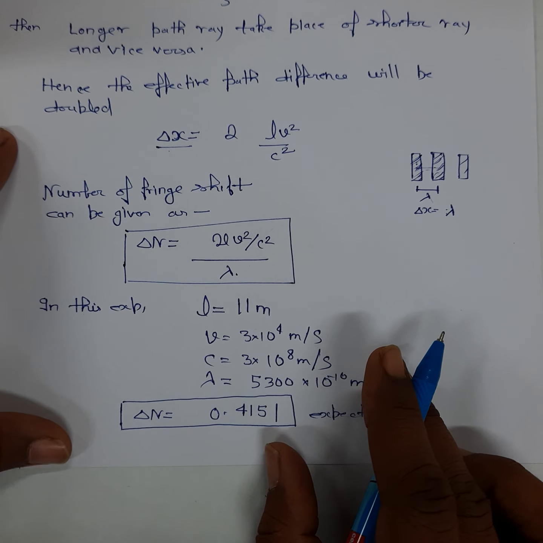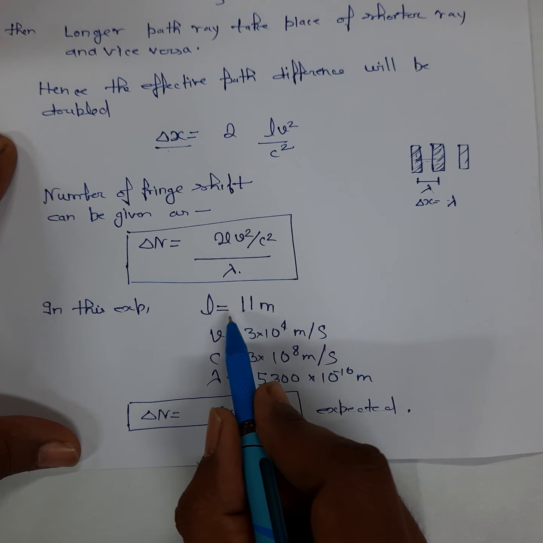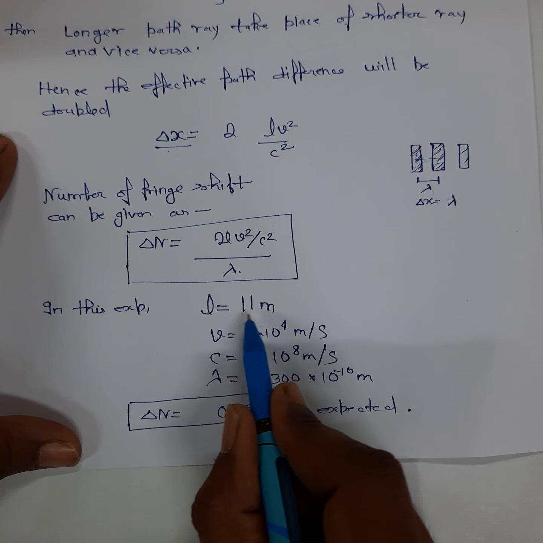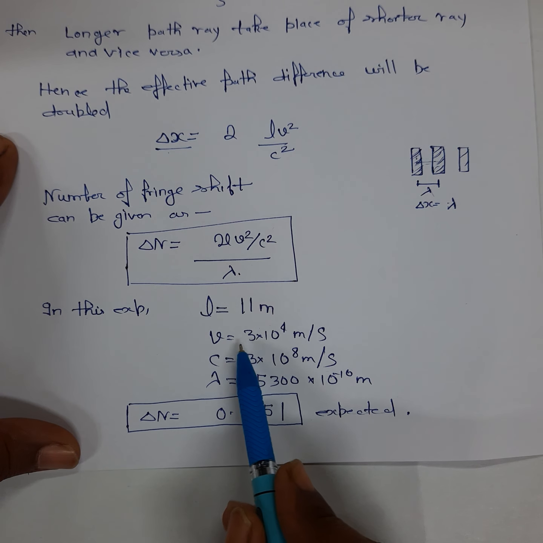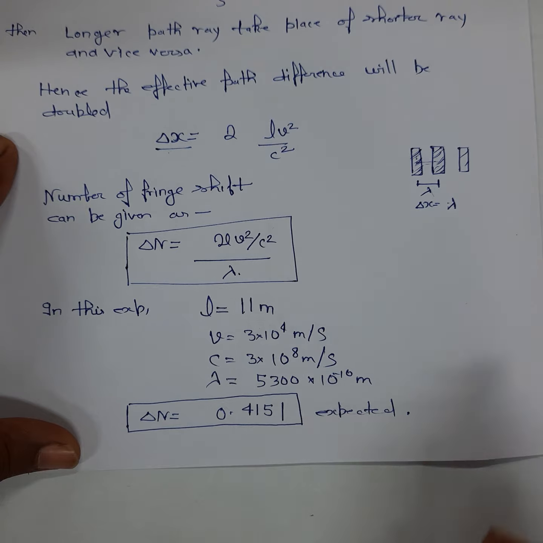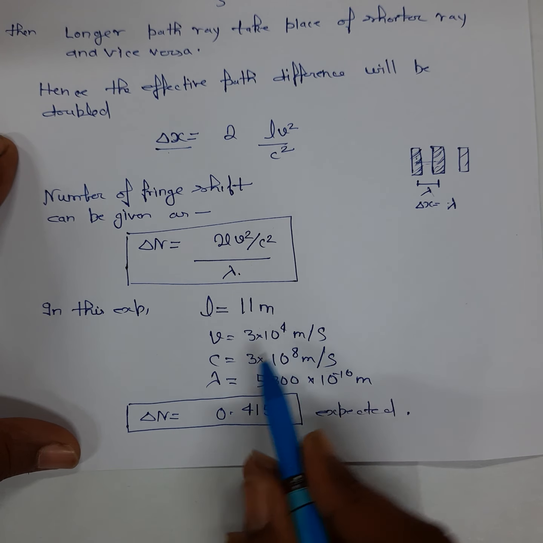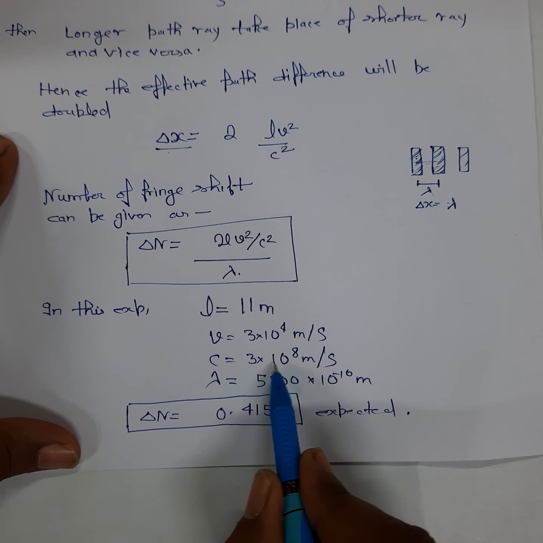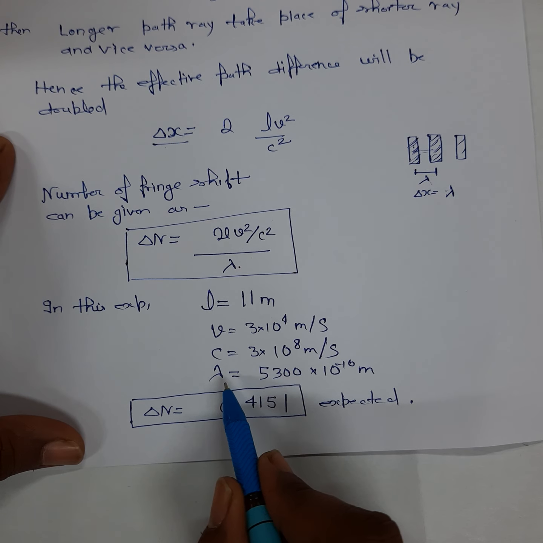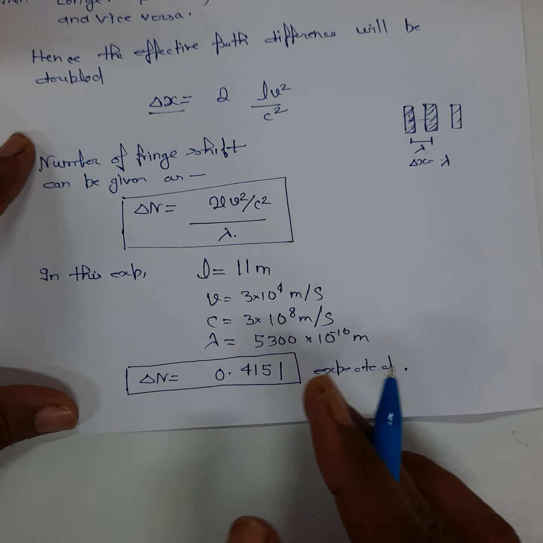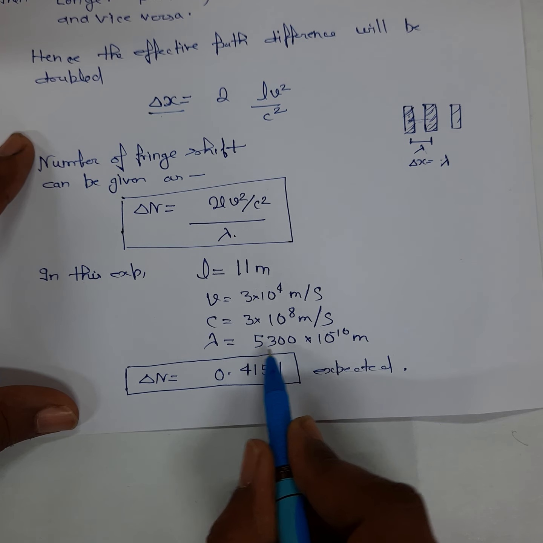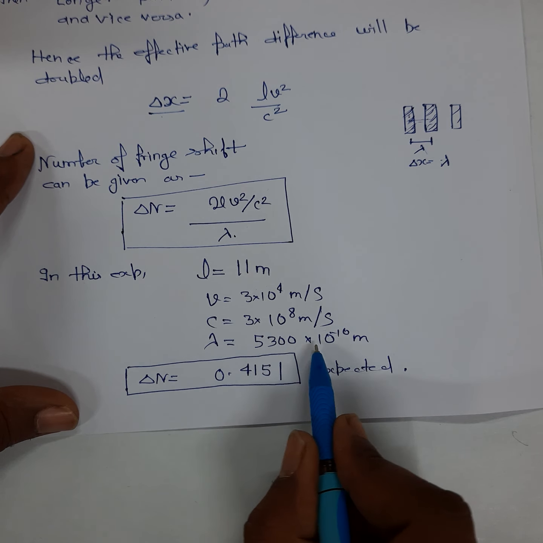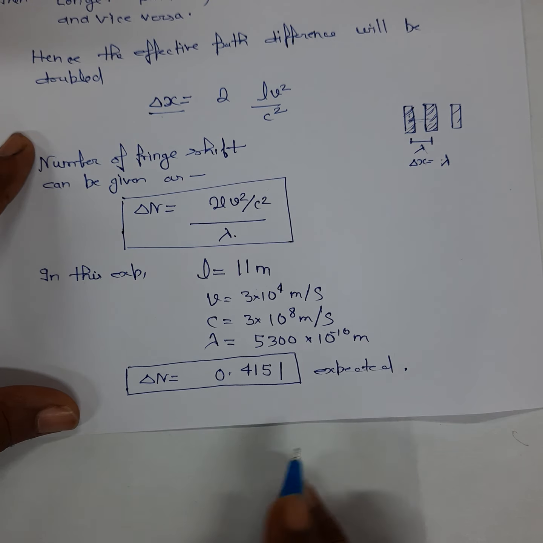In the actual experiment, Michelson-Morley had taken L equal to 11 meters, meaning the arm length is 11 meters. The velocity of the earth was assumed to be 3 × 10^4 meters per second, the speed of light 3 × 10^8 meters per second, and the wavelength of the monochromatic light source he used was 5300 × 10^-10 meters.